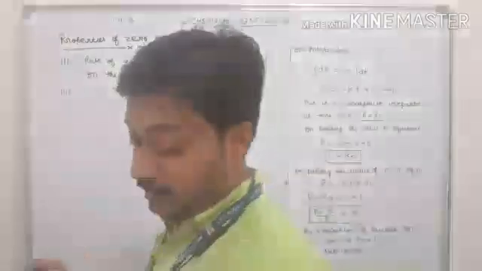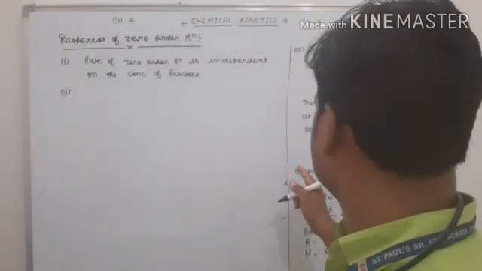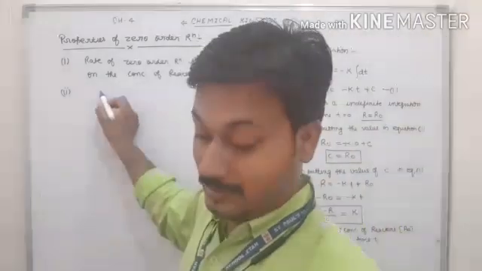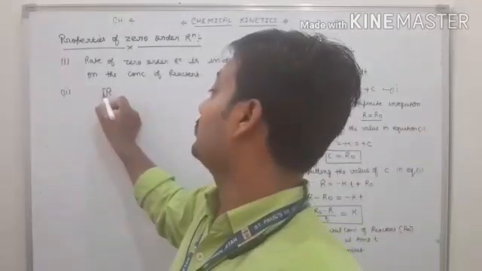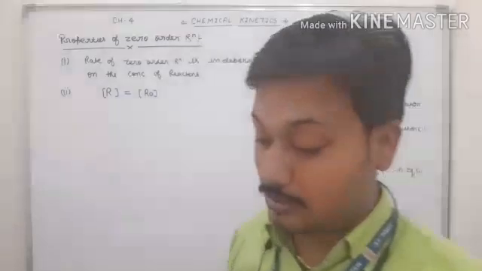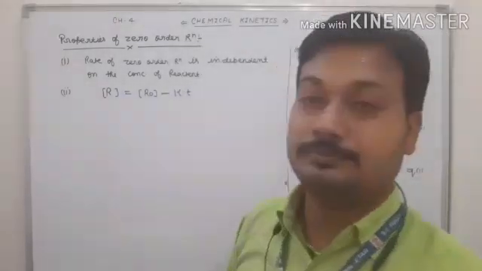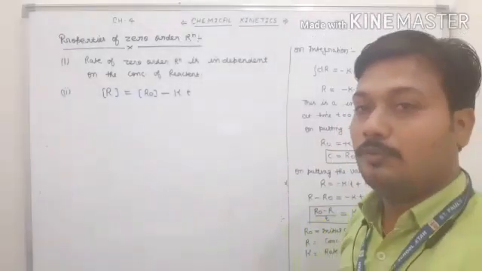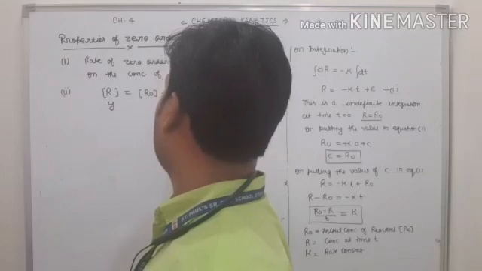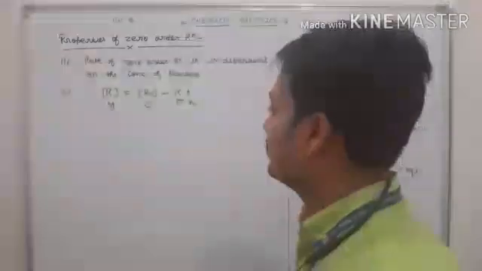Okay, we can also write this equation as R is equal to R naught minus K into T. So this follows y is equal to m x plus c, the straight line equation.